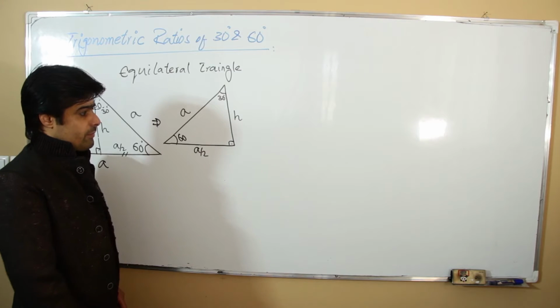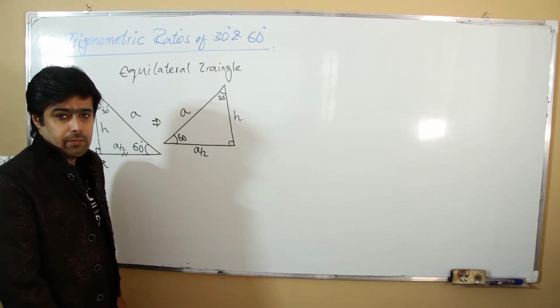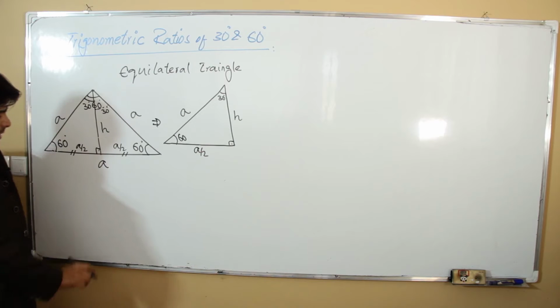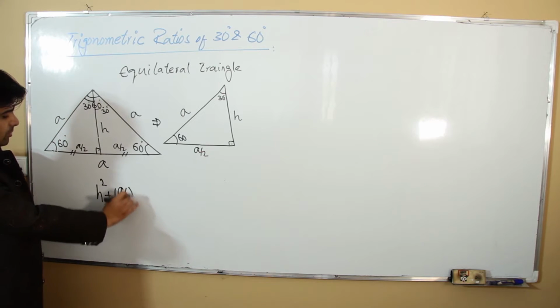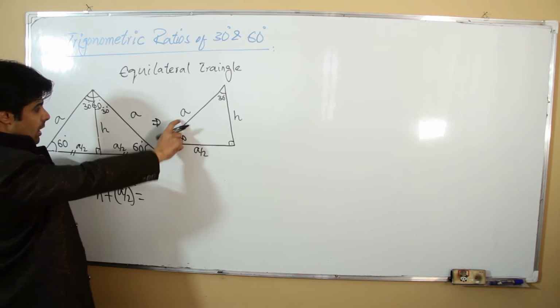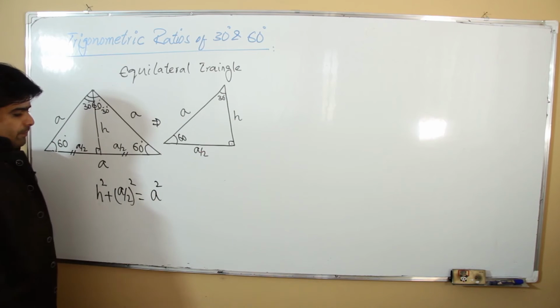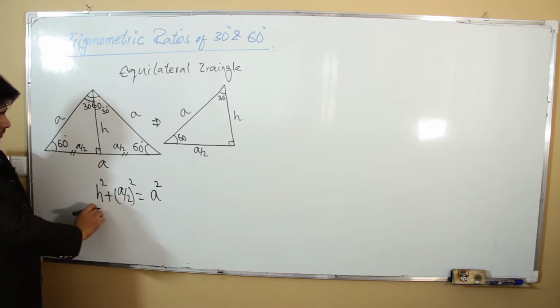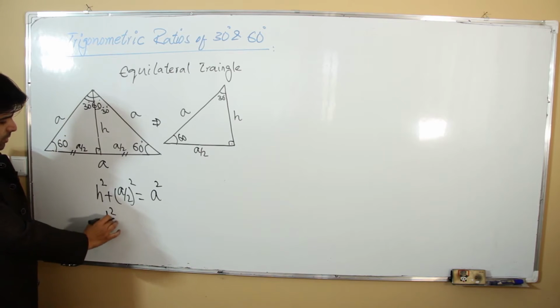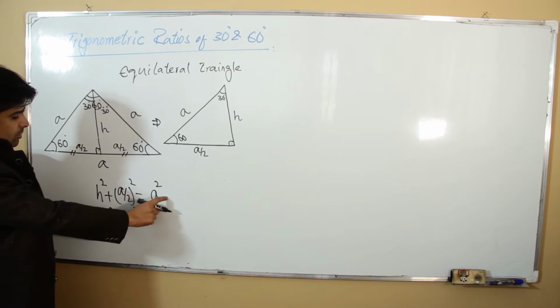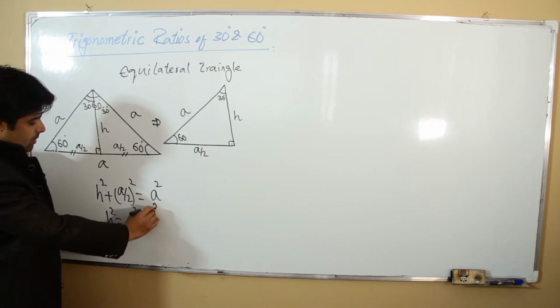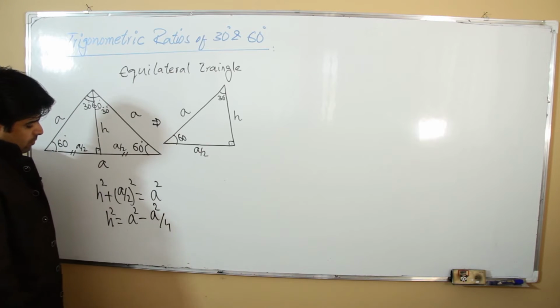So, we will use the Pythagoras Theorem. What does it say? It says h square plus A divided by 2 square is equal to hypotenuse square. Now, solve this one for h. So h square is equal to a square, plus, putting this one to the right side, it would be a square divided by 4.